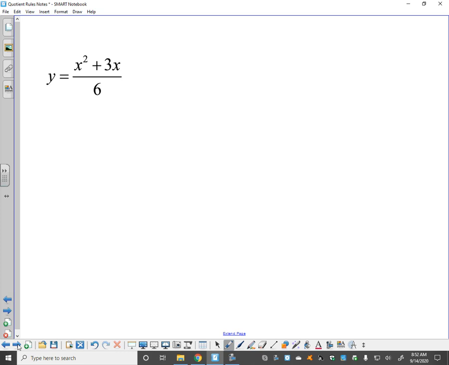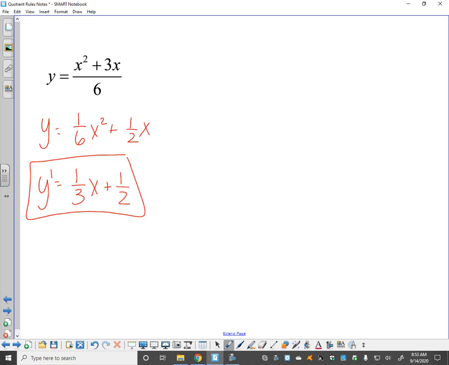So instead of going low D high, I'm going to pull it apart. So I'm going to do algebra first. So all I did was pull it apart, and I reduced. Now when I go y prime, pull the 2 down, I'm doing power rule. So 2 over 6, so 1/3 x plus 1/2. There you go.